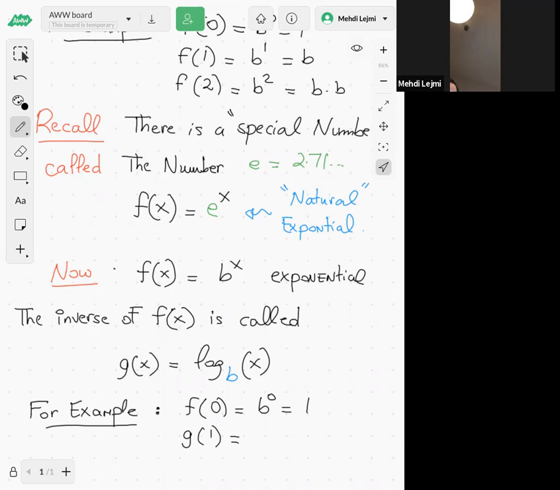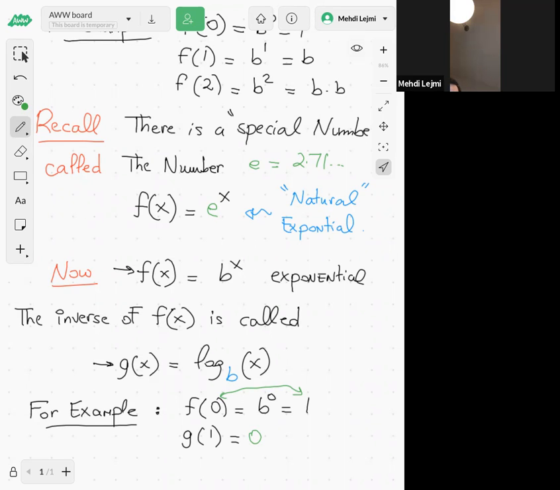Because f is the exponential, and g is the log, which is the inverse of the exponential. So if f of 0 is 1, then g of 1 would be 0, right? Because the inverse function switches the input with the output.